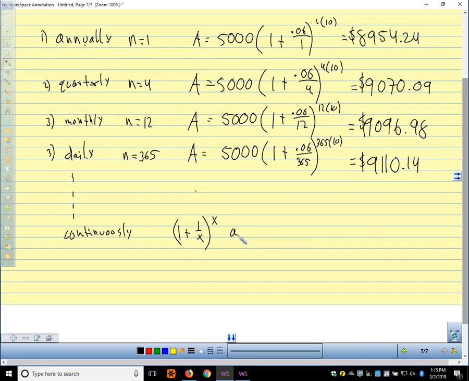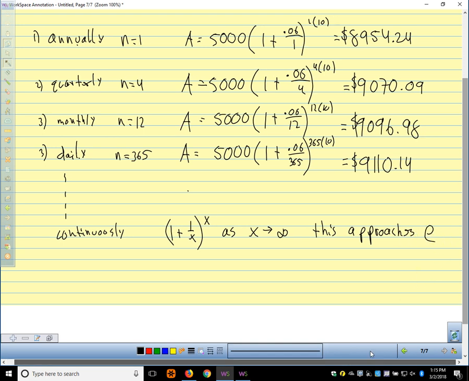As x approaches infinity, so as we keep compounding our interest more and more often, this approaches e. It's an irrational number similar to pi. The number e shows up in all kinds of math, all kinds of science. It originally was discovered having to do with compound interest. E is about 2.718.